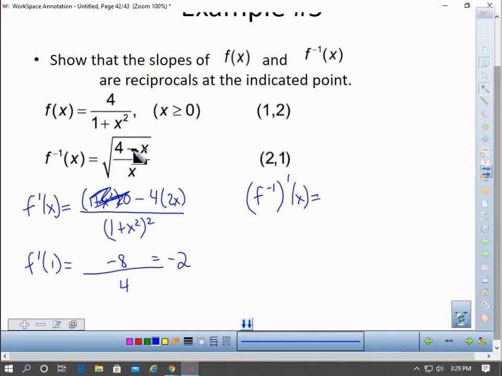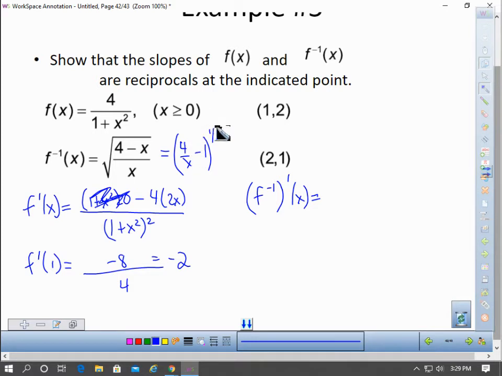I'm going to think of this as 4 over x minus 1, because I'm splitting this into two parts, 4 over x minus x over x, so 4 over x minus 1, and this is raised to the 1/2 power. So I just simplified this as two different fractions, 4 over x minus x over x, so 4 over x minus 1, raised to the 1/2 power.